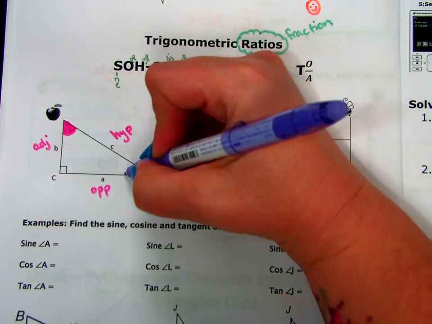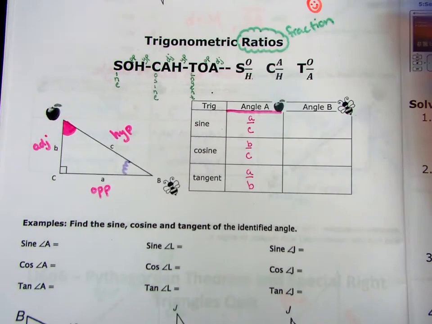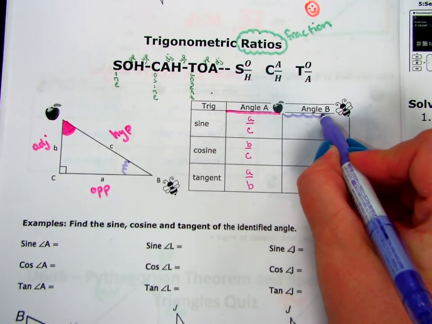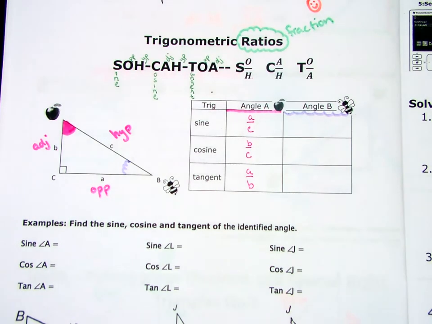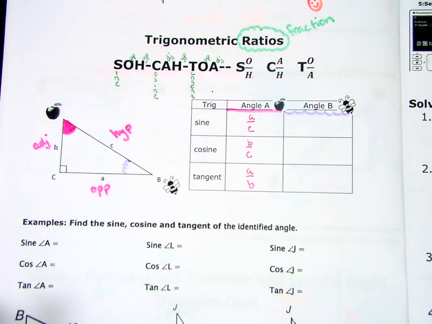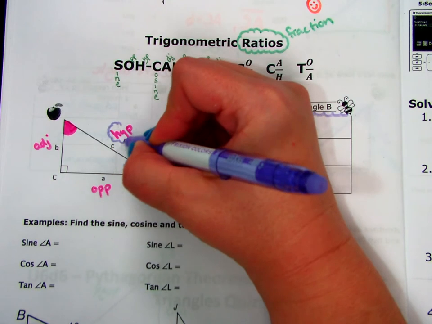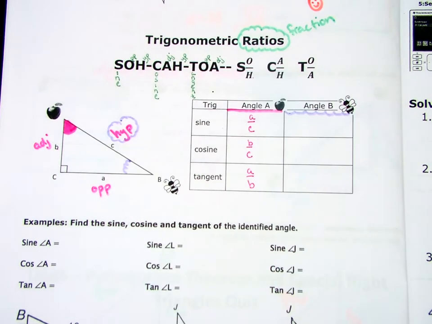But sometimes we're not standing at angle A. Sometimes we're standing at angle B. So if I'm standing at angle B and I want to find the sine, cosine, and tangent from angle B, then I still have to label my triangle, but this time from angle B. My hypotenuse is not going to move.